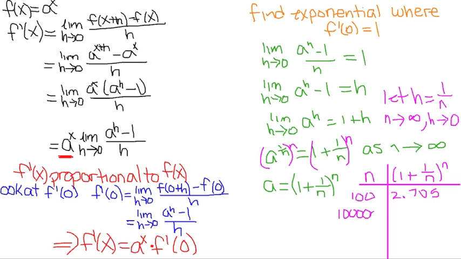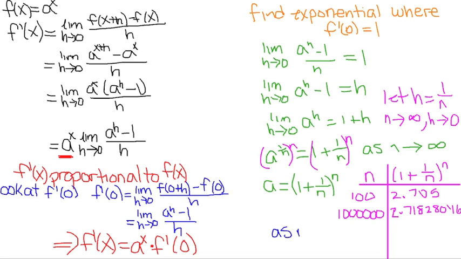Let's plug in 1,000,000 into the equation. I get approximately 2.718280046. Now you can keep plugging in larger numbers of n, and you'll keep getting a number that's actually going to be really close to 2.718, so on and so forth.